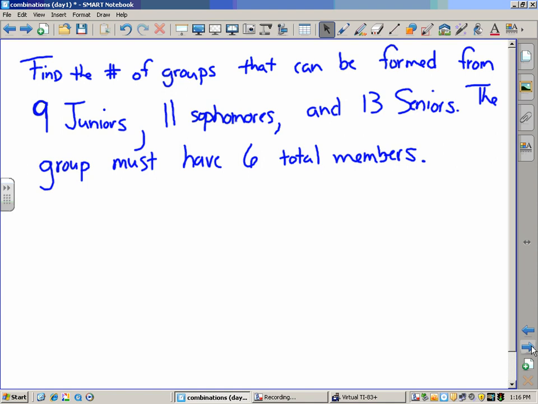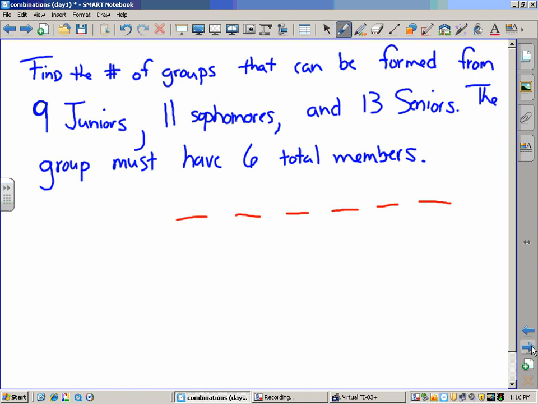So if you have 6 members, you look at 1, 2, 3, 4, 5, 6, and you choose them right now. How many do I have to choose from as the first person I choose for my group? There's no 33 up here. There's 13, 11, and 9.